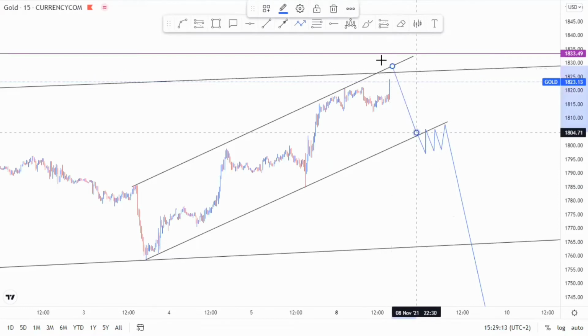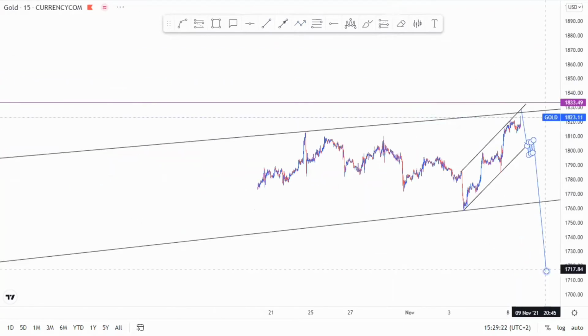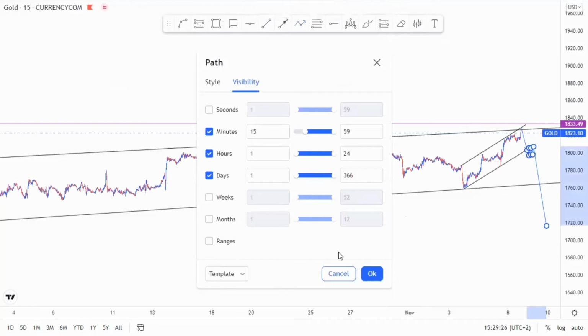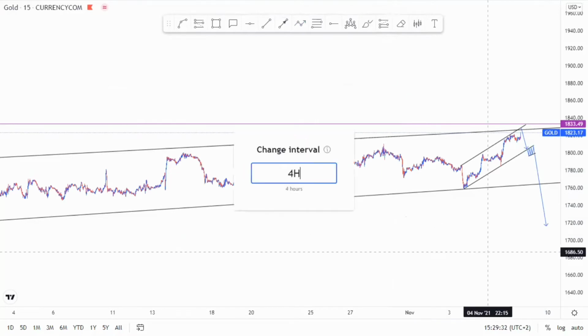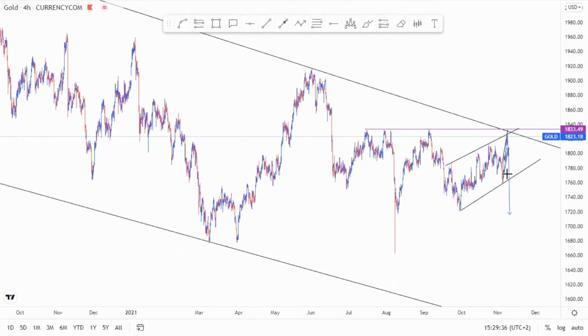Then you wait for the continuation pattern to develop outside of the 15-minute time frame. Then you can be sure of the sell, all the way to the downside.